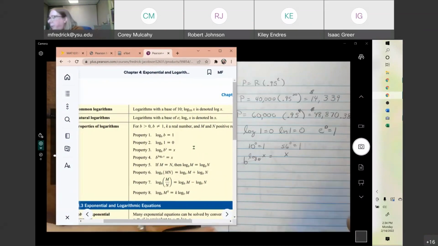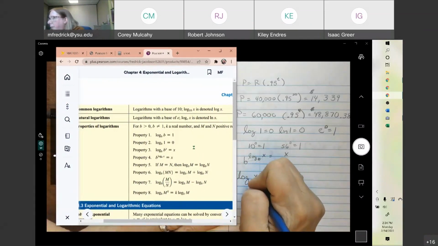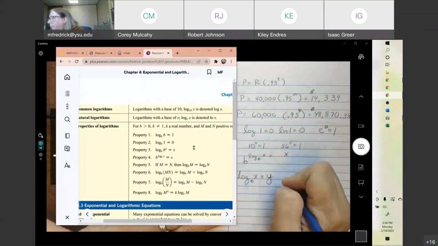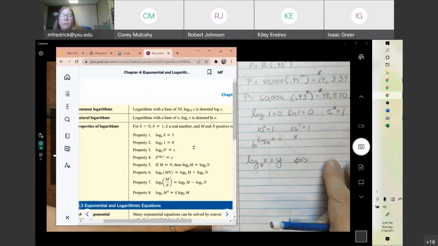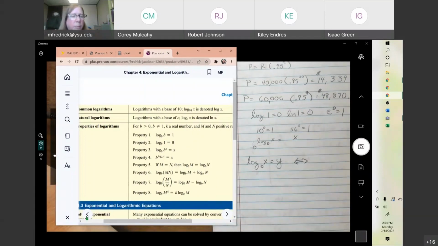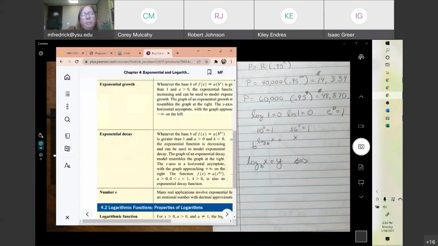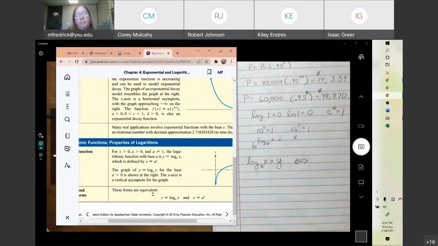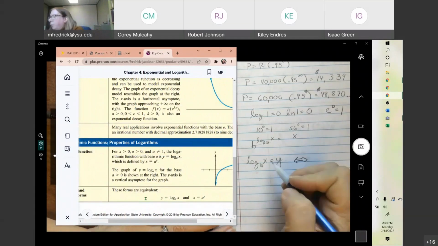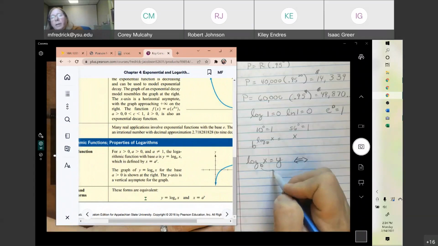The difference between them: if we have the log base b of x equals y, we can rewrite that as an exponential. And that was actually on the one before at the bottom. Right here. I wrote it a little different. I used different variables, but to rewrite it, start with your base and loop around.